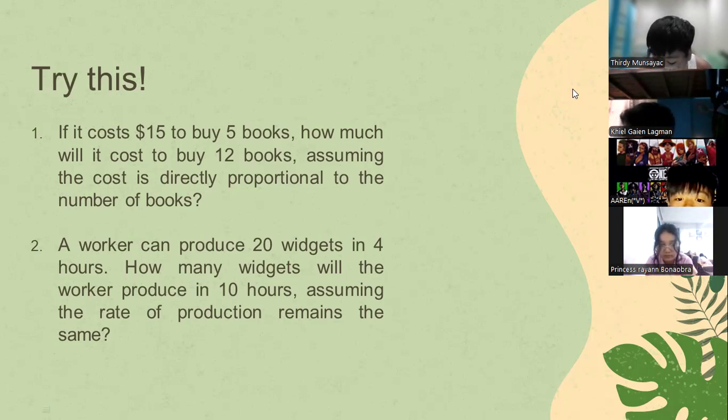What is the answer in the first one? 36 to buy 5 books. And number 2, 50 widgets in 10 hours. Okay, it would produce 50 widgets in 10 hours. Okay, very good. How about the others?